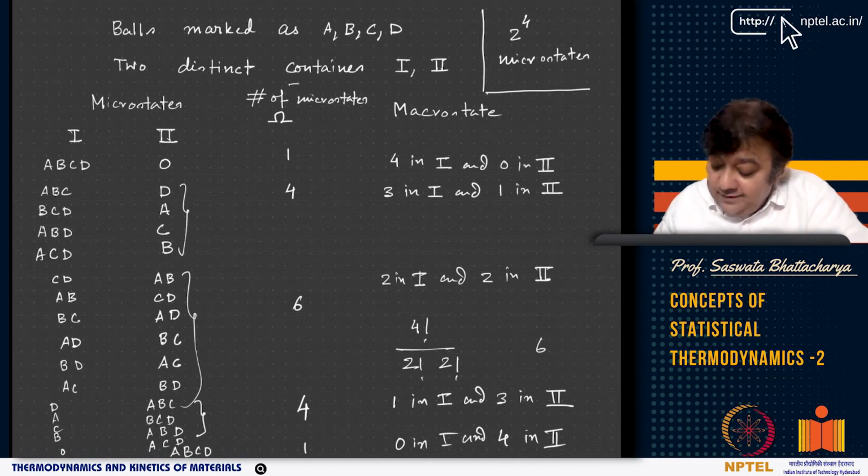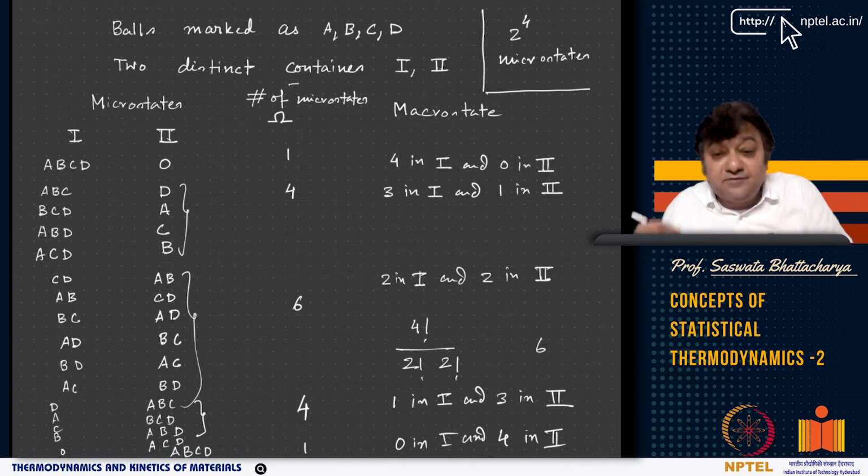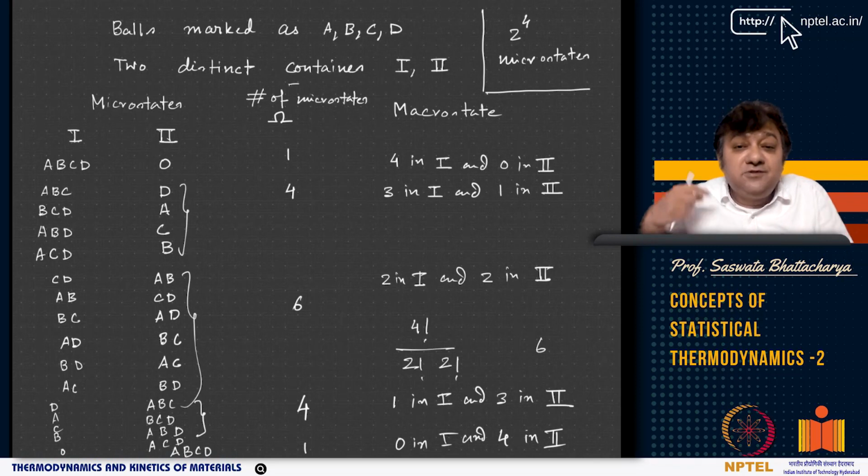However, 2 in 1 and 2 in 2, this is like 2 in the container labeled 1 and 2 in the container labeled 2, is where the macro state gives you the maximum number of microstates.